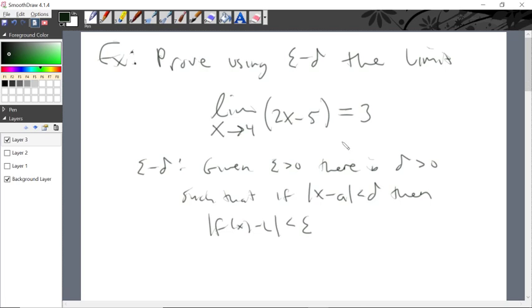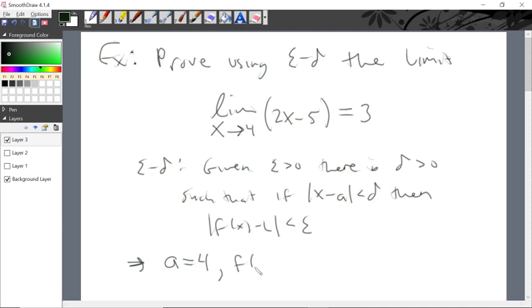Looking at our statement right here, let's find out what some of these quantities are. We know x is x. What about a? x is approaching 4, so a is equal to 4, the fixed value.